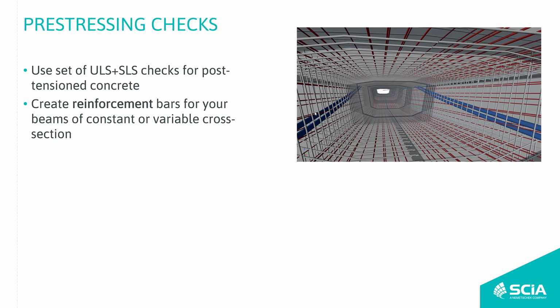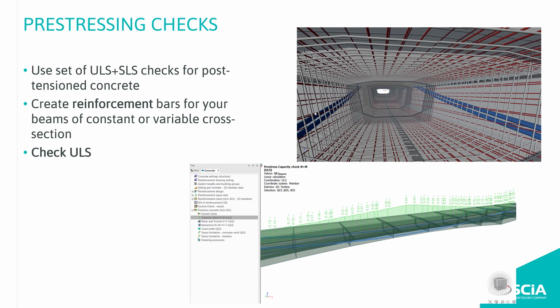The usage is very simple. You have your concrete beam, you reinforce such a beam and model tendons, and run the finite element calculation. You get the information about internal forces, about the losses in the tendon, and then you can go to the concrete prestress checks and do the checks themselves.